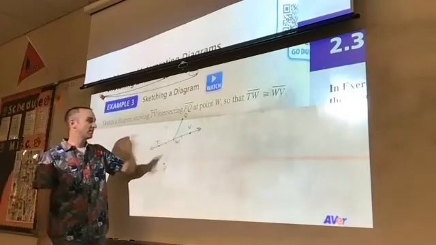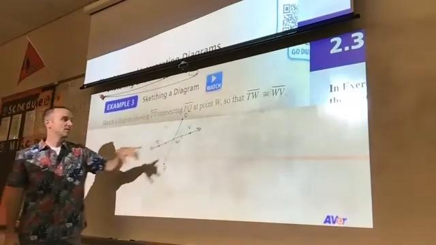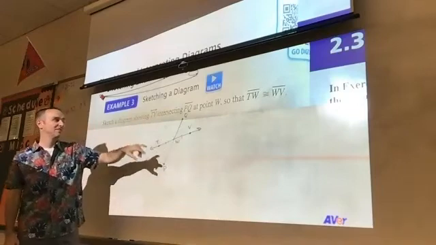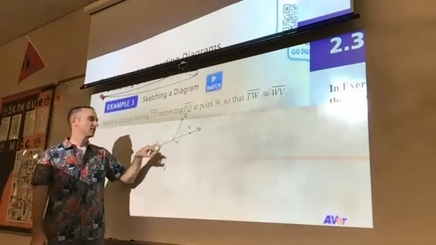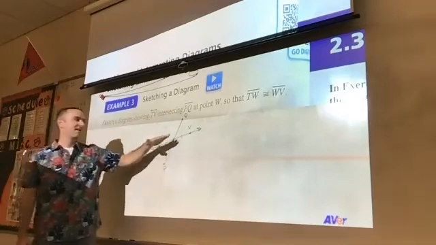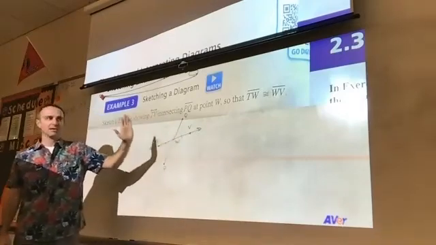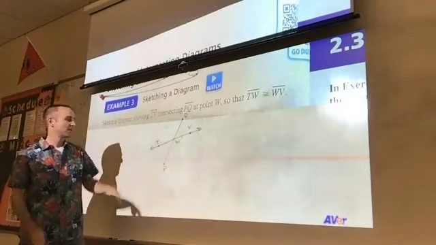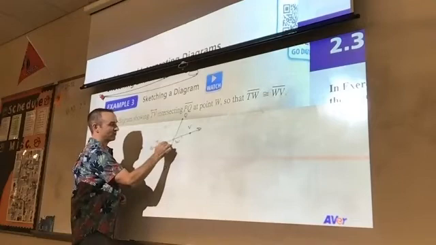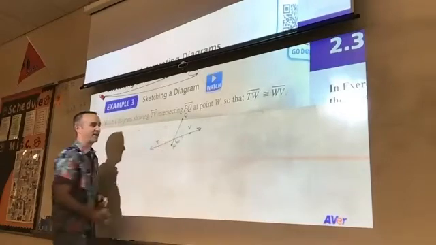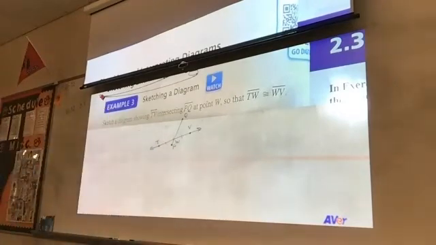They intersect at W, and we know that W is the midpoint between T and V. So wherever you put the points T and V, W should be equidistant from them. It does not say anything about it having to be perpendicular. It does not say anything about P and Q being equidistant, so you could have it end right here at P, and that's completely fine, because it does not say that W is the midpoint of QP.